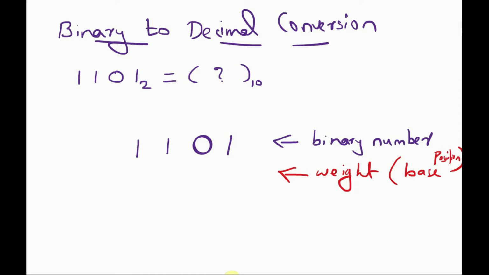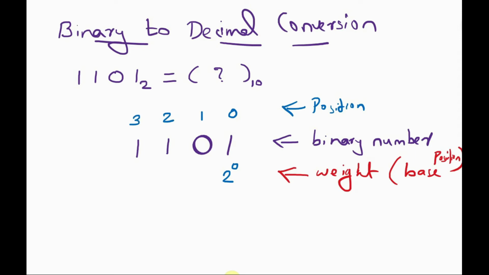Base raised to position. This is a binary number, so the base is 2 and the position of this one is 0, the 0th position. If you are not clear with the position, I will write the position for you. Starting from 0, it goes on increasing as you move towards the left.